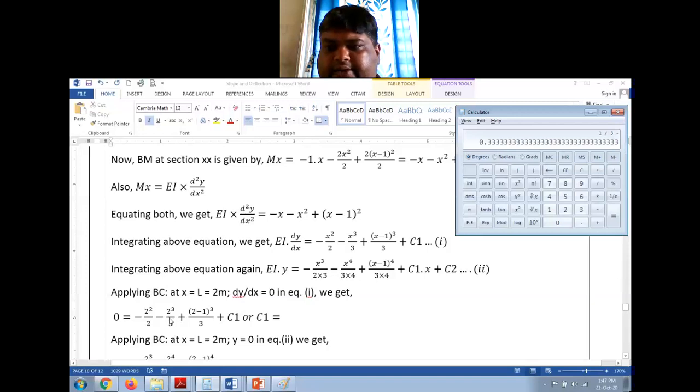2 cube is 8. 8 by 3 minus, this is 2 raised to 2. That is 4 by 2. So this is minus 4.33. So when it goes on the other side, it will become plus 4.33.